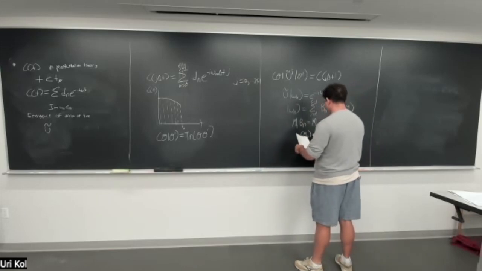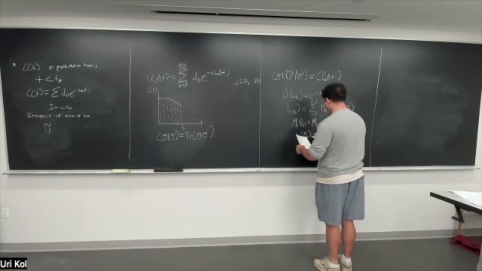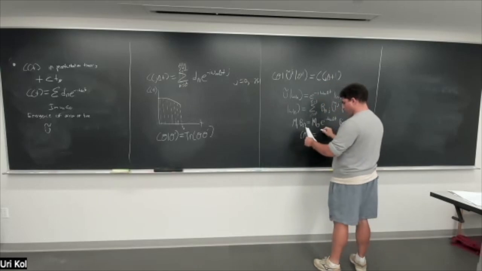M0 and M1 are just made out of this correlator.